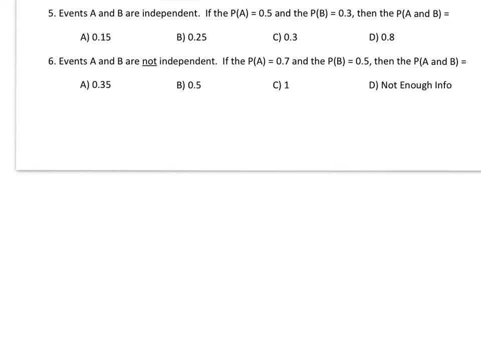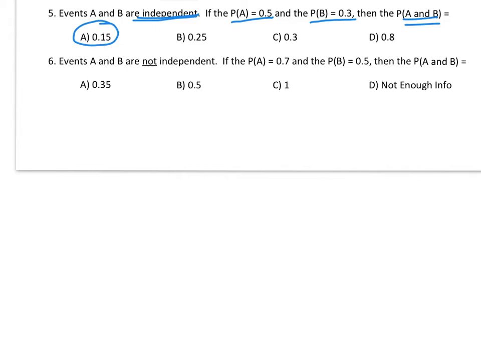In the next problem, events A and B are independent. So assuming that these are independent, the probability of A is 50%, probability of B is 30%, so the probability of both happening would be multiplying that together, so that would be 15%.